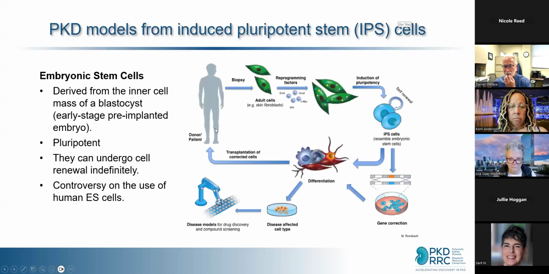And so investigators have come up with a way of taking cells from biopsies, either skin or blood, and reprogramming those cells to become stem cells. And so in this process, this reprogramming of the cells is a very sophisticated approach where you have to treat the cells with different concentrations of factors.